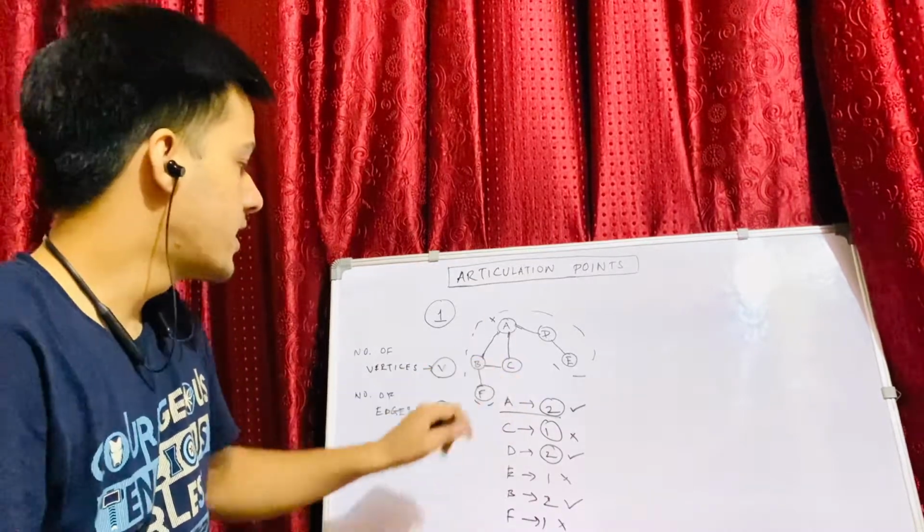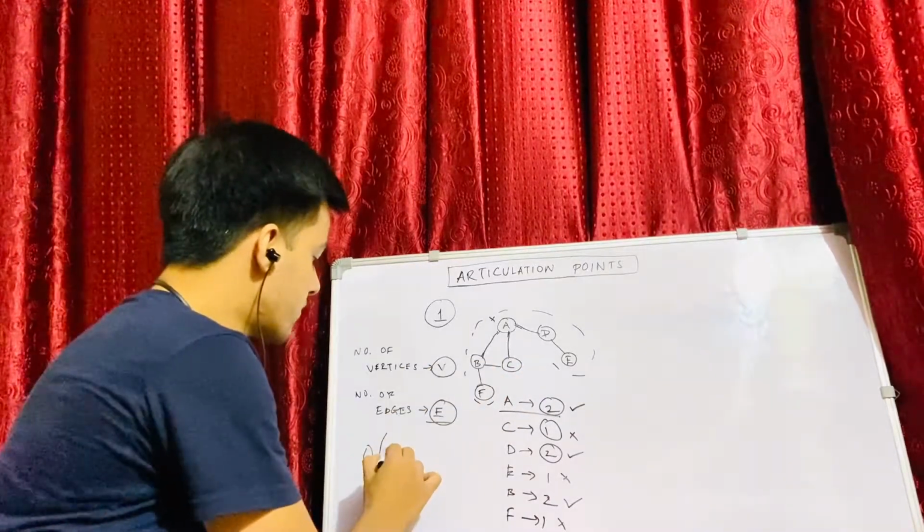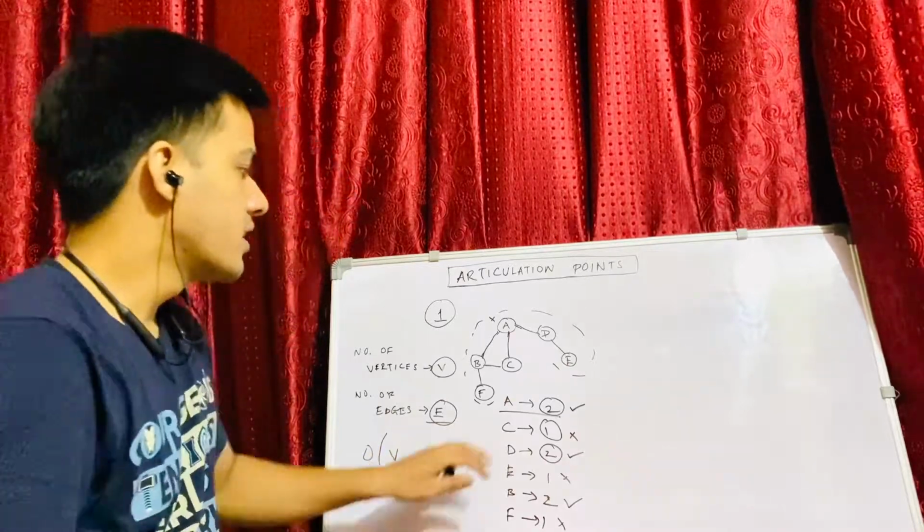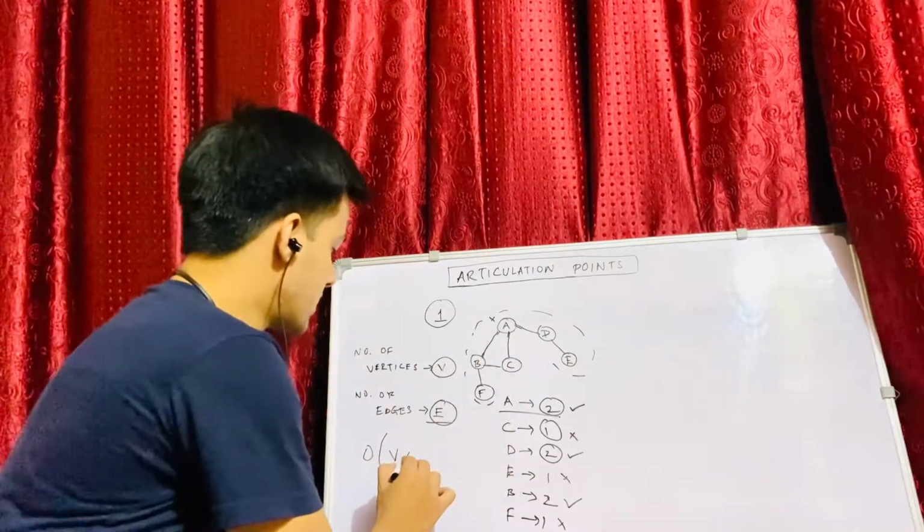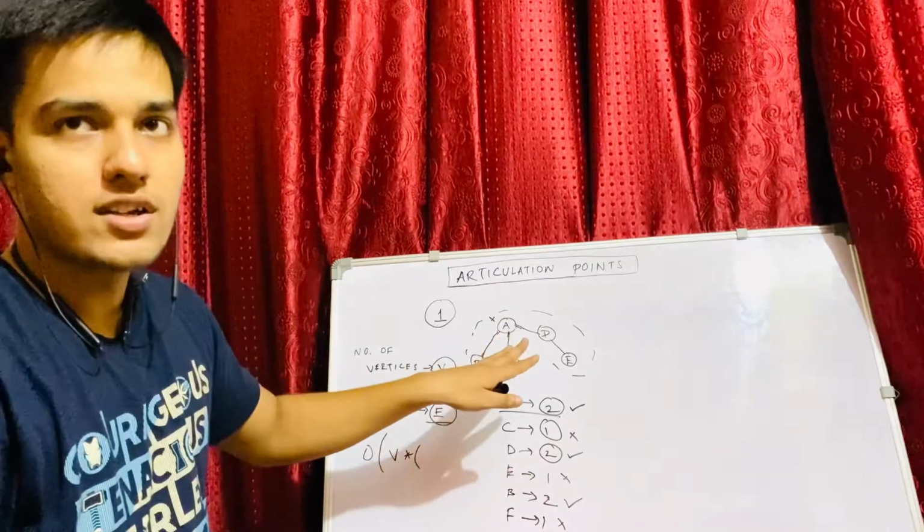So for each node I am iterating once, so it would be O of V. For each node I am doing a DFS on the remaining nodes, right?